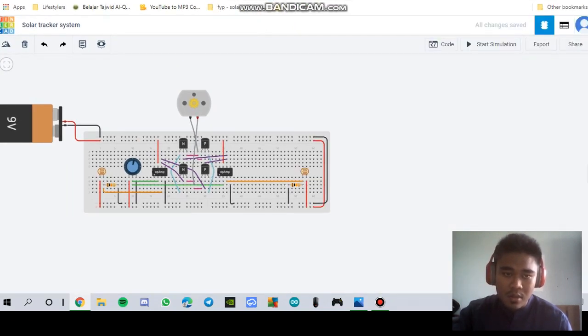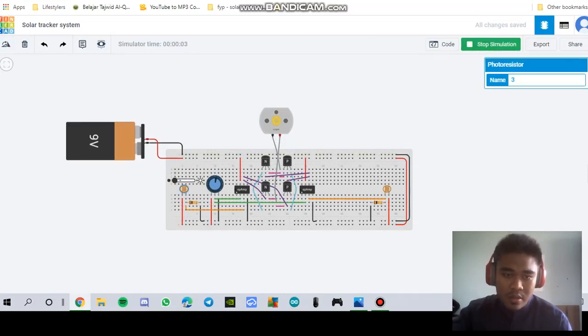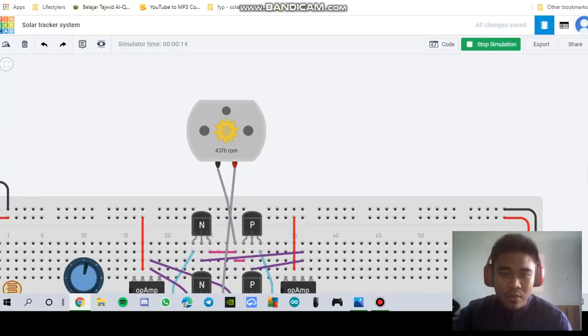Let's see the circuit. Run the simulation, click on LDR1 and put it on the high condition, and LDR2 in the low condition, and as we can see, the motor moves forward, in the clockwise direction.